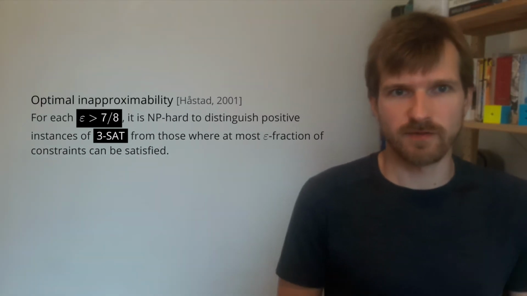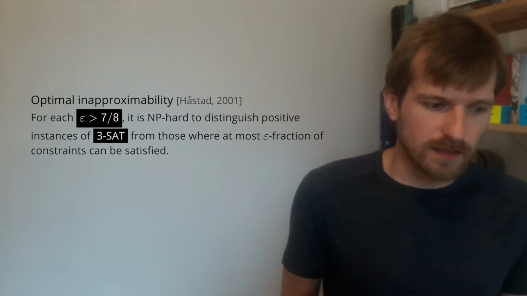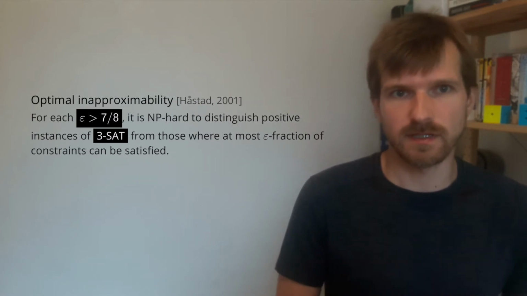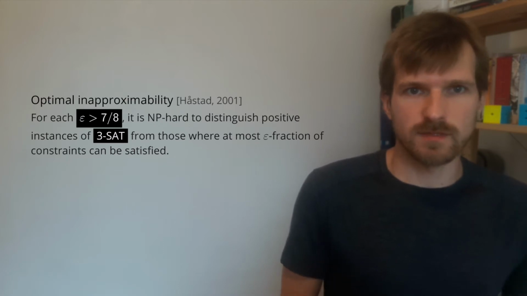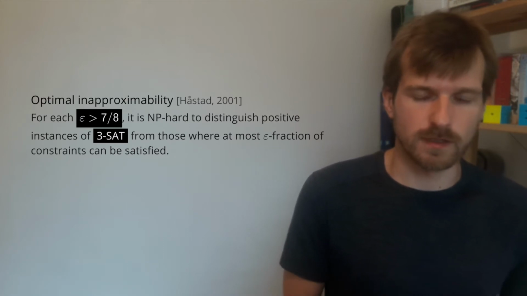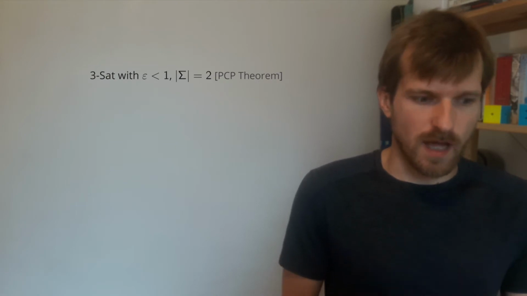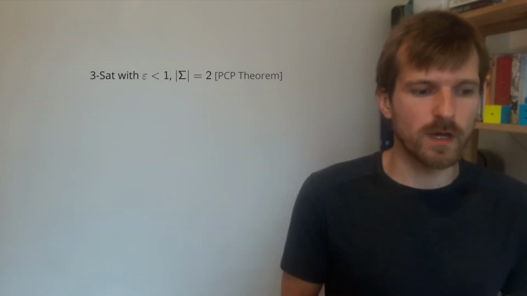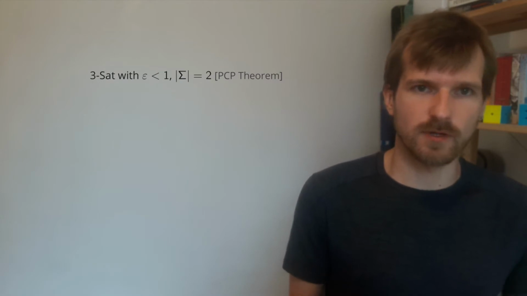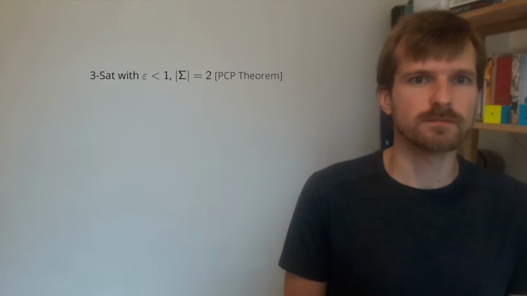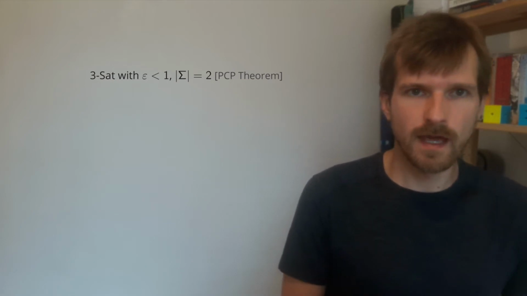This result of Håstad and many other similar results are obtained from the PCP theorem. Let me sketch briefly how the proof works. In essence, you can start with the PCP theorem as I phrased it at the very beginning, knowing that it is NP-hard to approximate 3-SAT within some epsilon very close to 1.